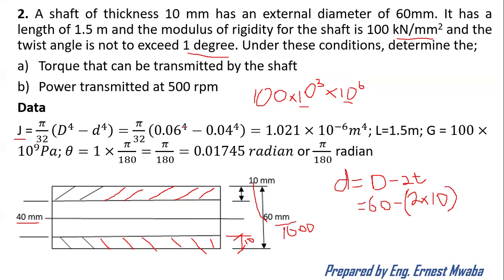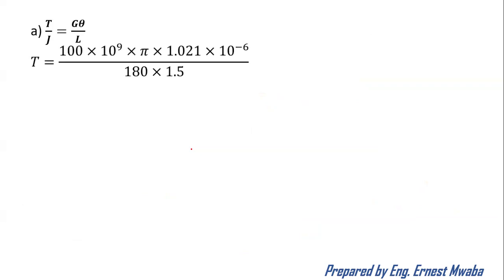So 0.06 raised to power 4 minus 0.04 raised to power 4. And your answer is going to be 1.021 times 10 raised to power negative 6. Now, this is our J. So having found the value for J, means you've now completed the pieces of data that you were looking for.